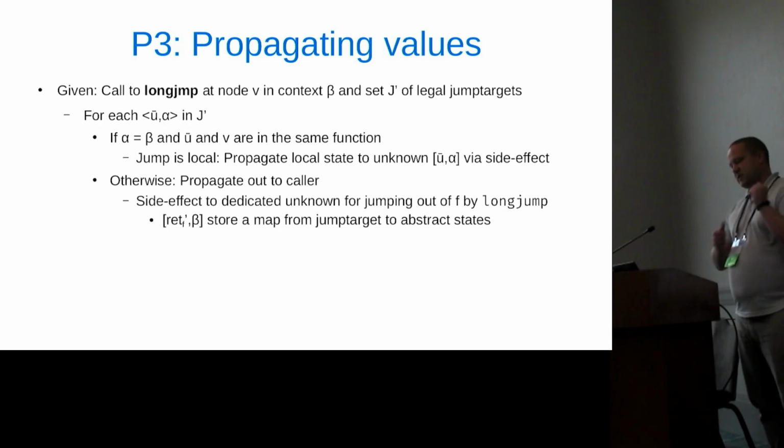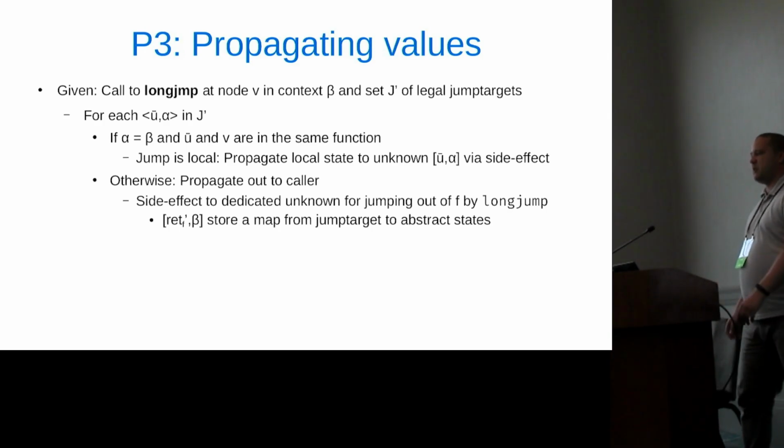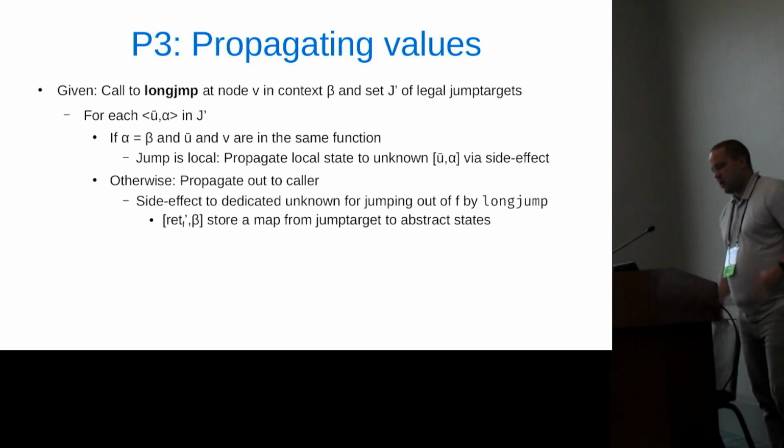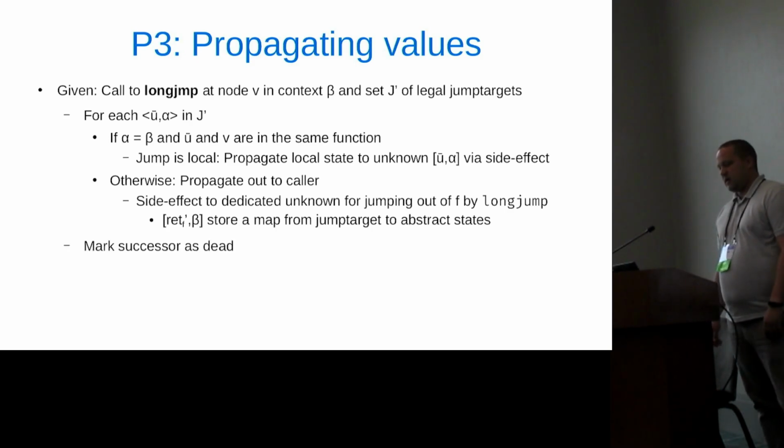Then we introduce another one that we call red prime f here. We store the abstract state that corresponds to leaving f via a longjmp. At this unknown, we store a map from jump targets to abstract states to be propagated. And then the last thing we do in the longjmp is mark the successor as dead, because the control flow is transferred to the setjmp, so the successor is definitely dead.